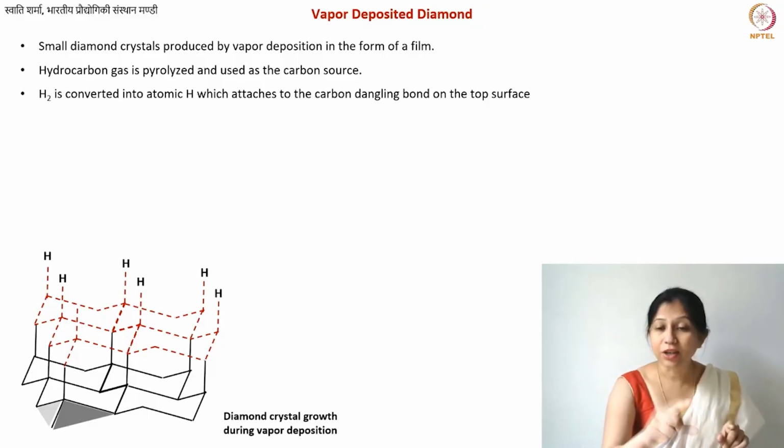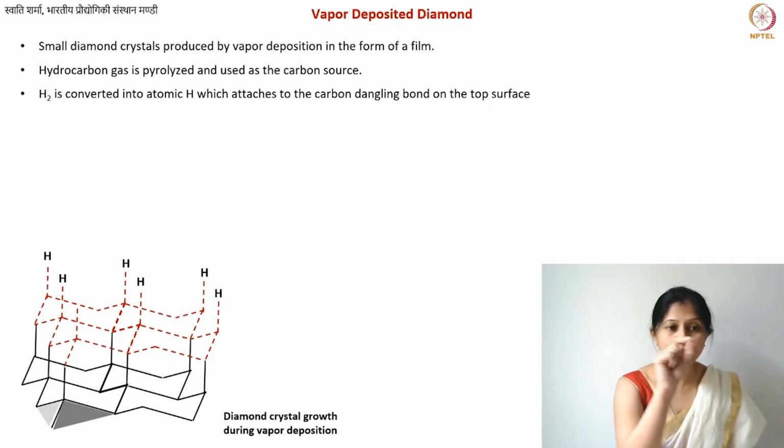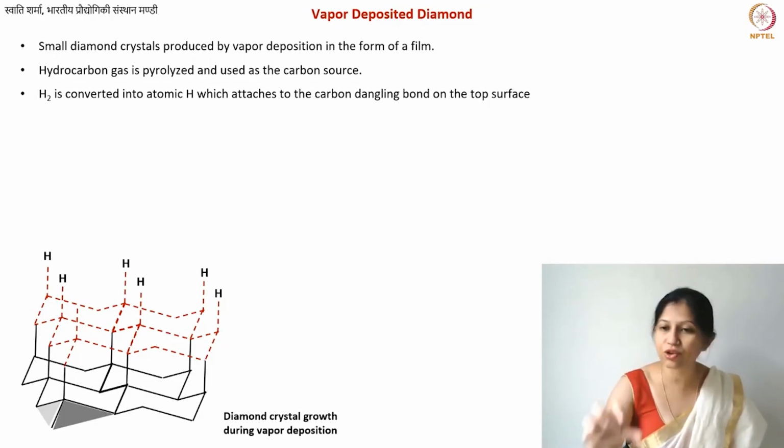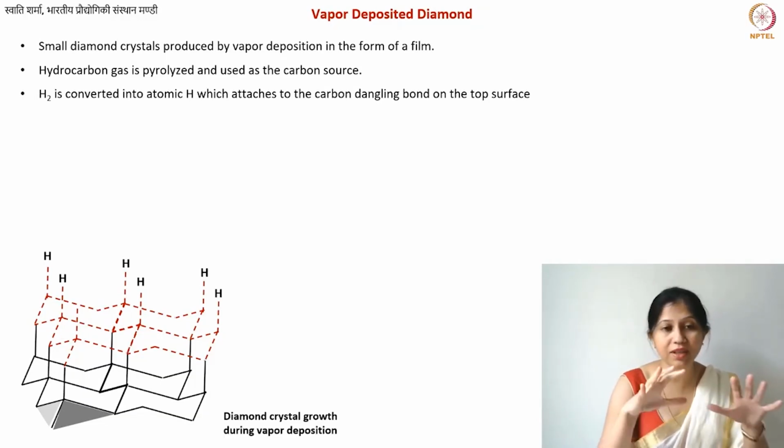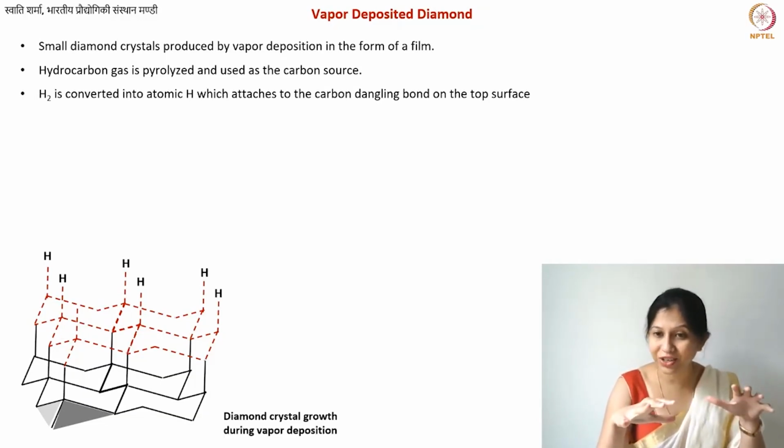The atomic hydrogen, as you can see here, facilitates some sort of stability. It gets attached to these sp3 type, this is your fourth electron. Now, if you don't have hydrogen, then you will get graphite formation. But if you have the hydrogen, you have this sort of intermediate structure.